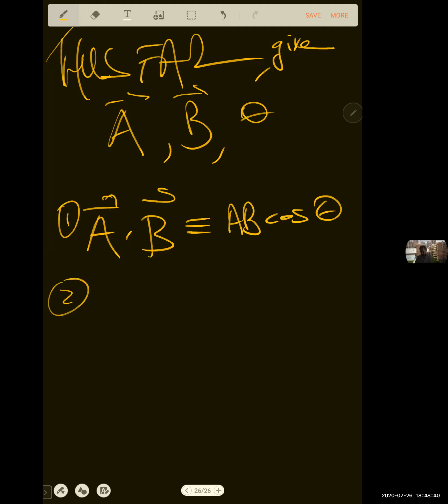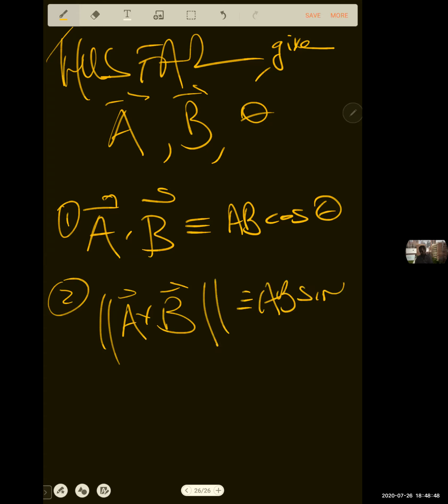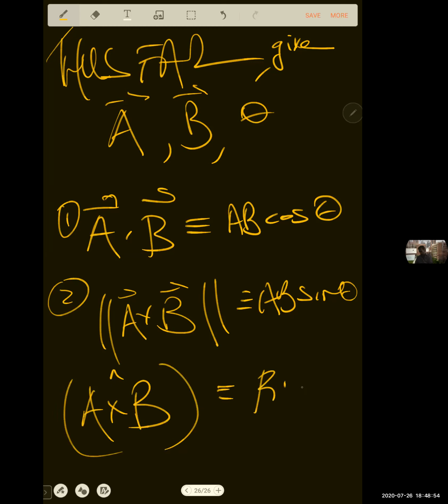The cross product is not that simple because it's a magnitude and direction, but we can say this: the magnitude will be AB sine theta, and the direction will be given by the right-hand rule.